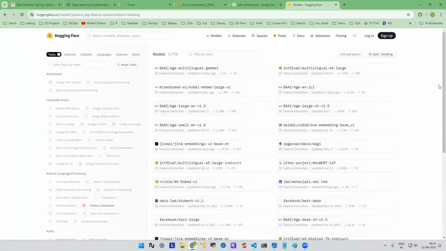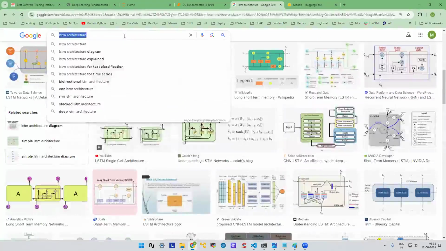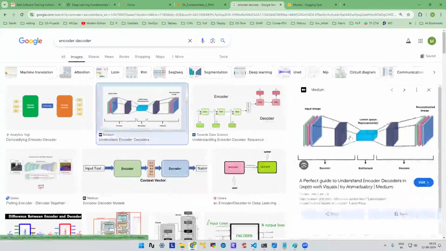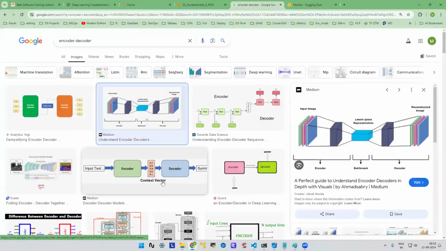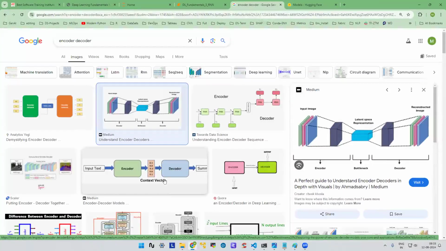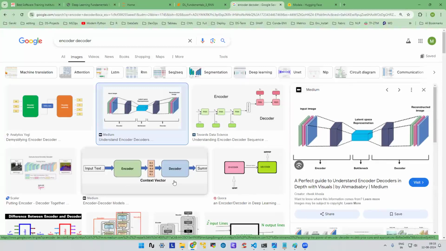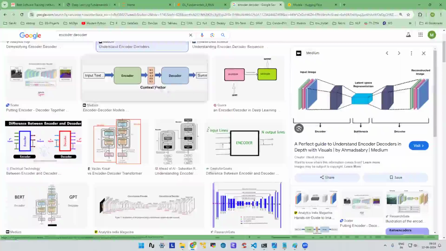That is different. Encoder-decoder by itself is a neural network architecture. It has nothing to do with converting strings to numbers. When we provide input text data, we do all the pre-processing and then feed that data to the architecture. Yes, this is an architecture.